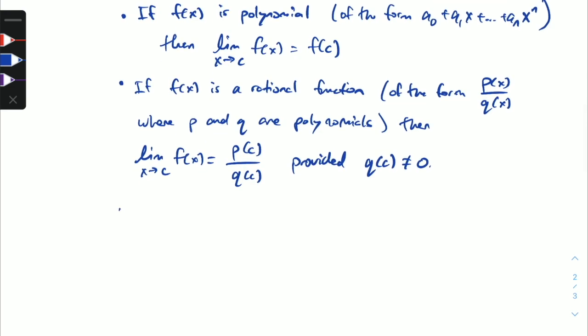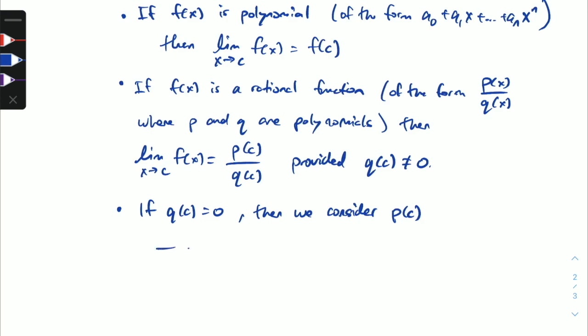Now, if q of c is 0, then we consider the numerator p of x evaluated at c, so p of c.